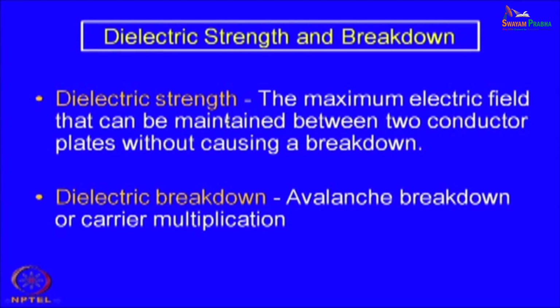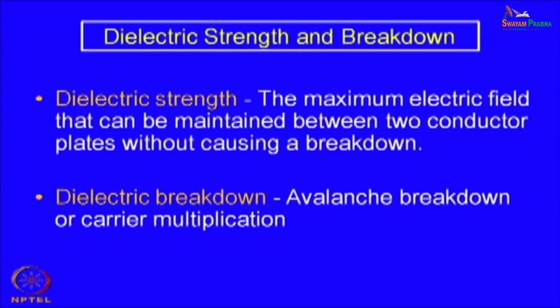But can we apply any voltage we like? The answer is no. We have a limit of electric field which we can apply for each material. So, the materials are also characterized by the maximum electric field that can be applied on these materials.